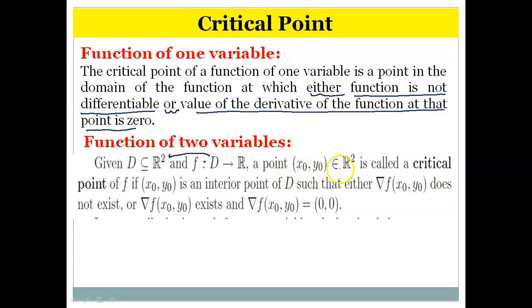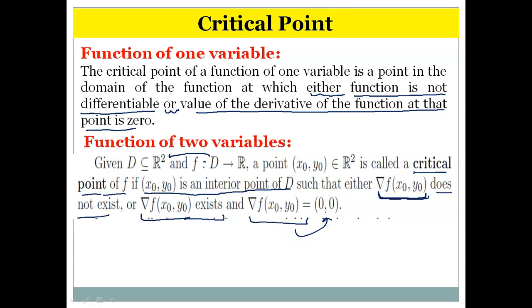A point (x naught, y naught) belonging to R square is called a critical point of f if (x naught, y naught) is an interior point of D such that either the gradient of f at the point (x naught, y naught) does not exist, or the gradient of f at the point (x naught, y naught) exists and it is equal to (0, 0).